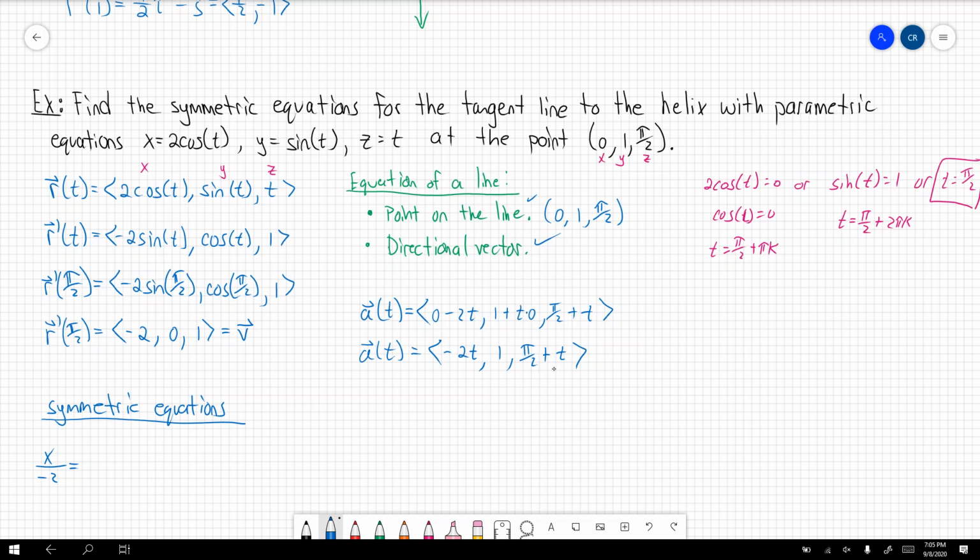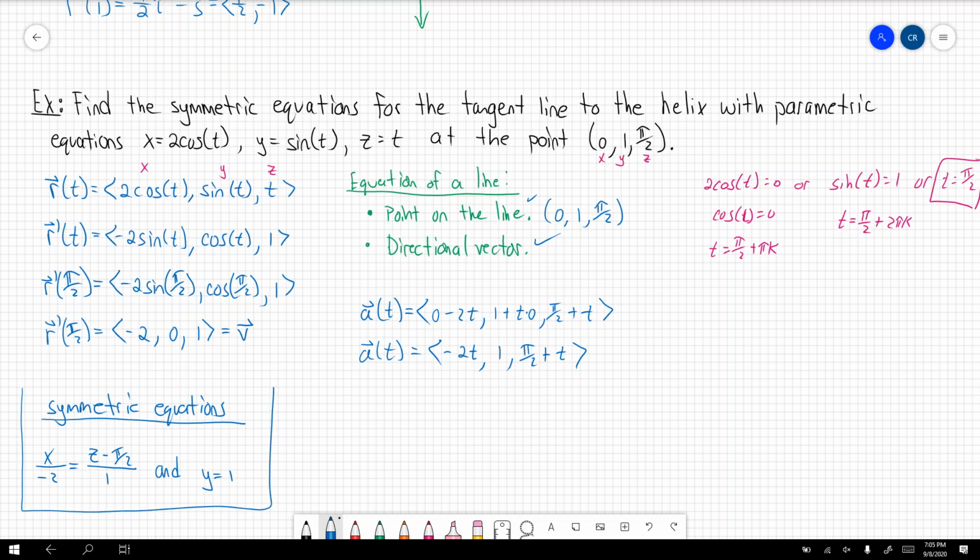For the next component, we solve for t, so this is going to be z minus pi halves, all divided by 1 in this particular case. And we're also going to say that y is equal to 1, because we don't have a t component.